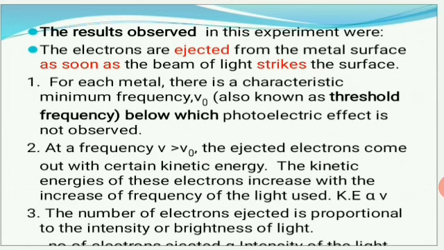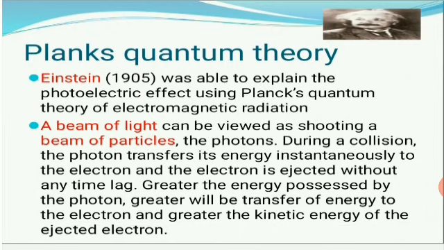But how many electrons are ejected per second from the metal surface depends upon the intensity or brightness of the incident light, not upon its frequency. So the brighter the incident light, the more electrons will be ejected per second from the metal surface. These are some important observations of the photoelectric effect of electromagnetic radiation.